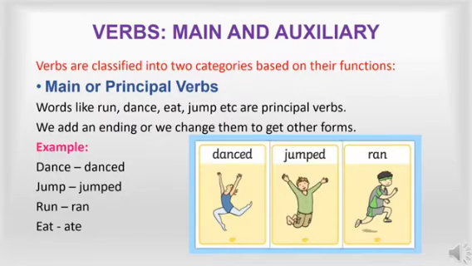Words like run, dance, eat, jump, etc. are principal verbs. We add an ending or we change them to get other forms. For example, dance, danced, jump, jumped, run, ran, eat, ate. So these are the principal verbs.